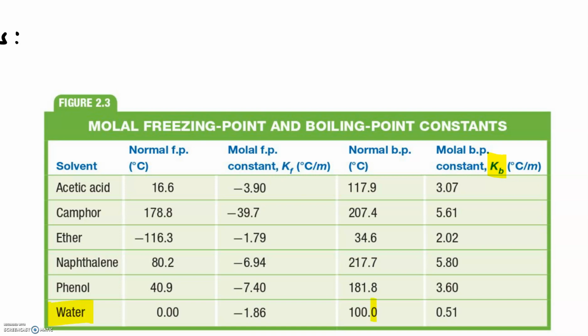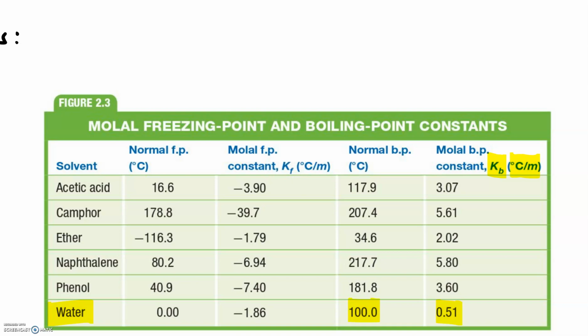It has a normal boiling point of 100 degrees Celsius. But the temperature at which it boils in degrees Celsius goes up for every 1 molal of concentration by a little over half a degree Celsius. So anytime we see that, we'll input this for whatever solvent we have, all right?